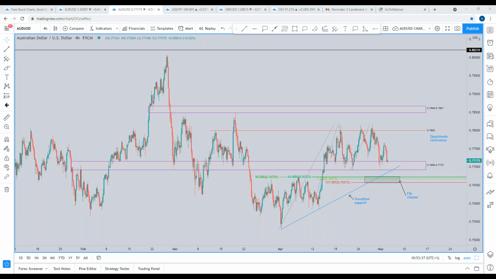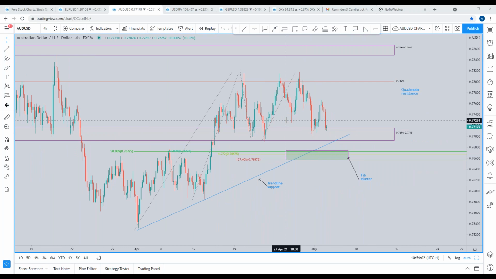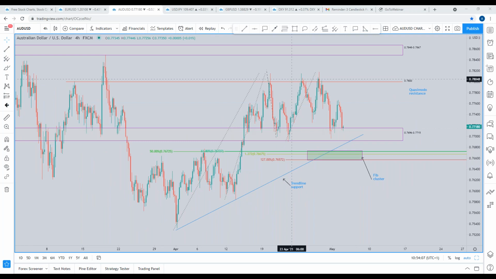Another question: when you see an engulfing pattern, do you consider any other indicators to confirm the direction, buy or sell? Yes, Elvis, I do. As I said, I would be looking for technical confluence from either a trend line, support or resistance, Quasimodo resistance. Let me see if I've got an example here. Okay, no I don't, but look, this is what I would say is a half-hearted shooting star pattern here.